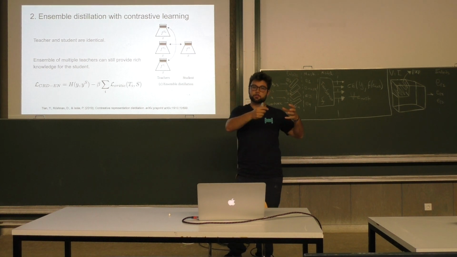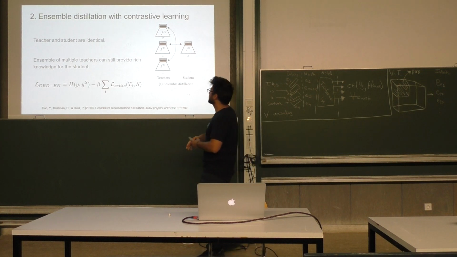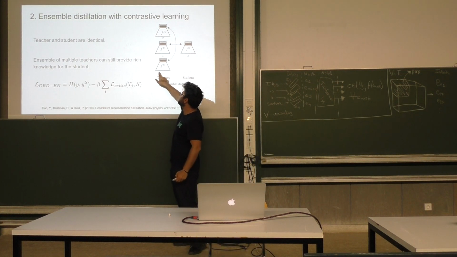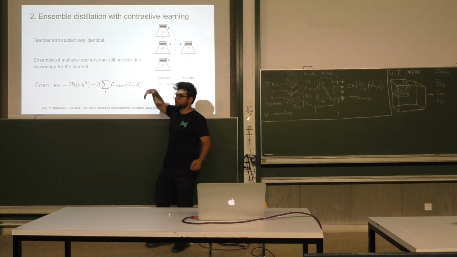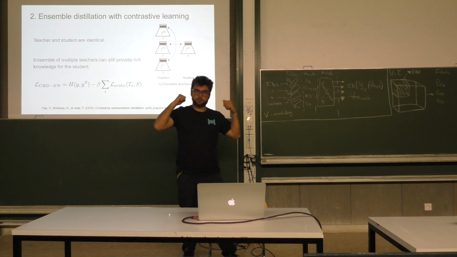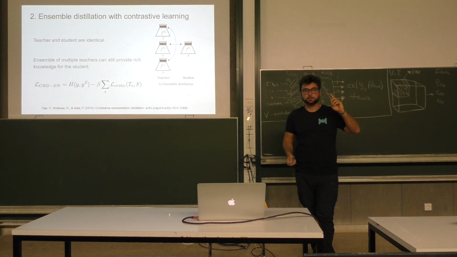Then you want to transfer this improvement to one single model, so that during inference, instead of having to process this image n times, or as many teachers as you have, and then take the average, you pass this information to the student. Any other question regarding knowledge distillation?